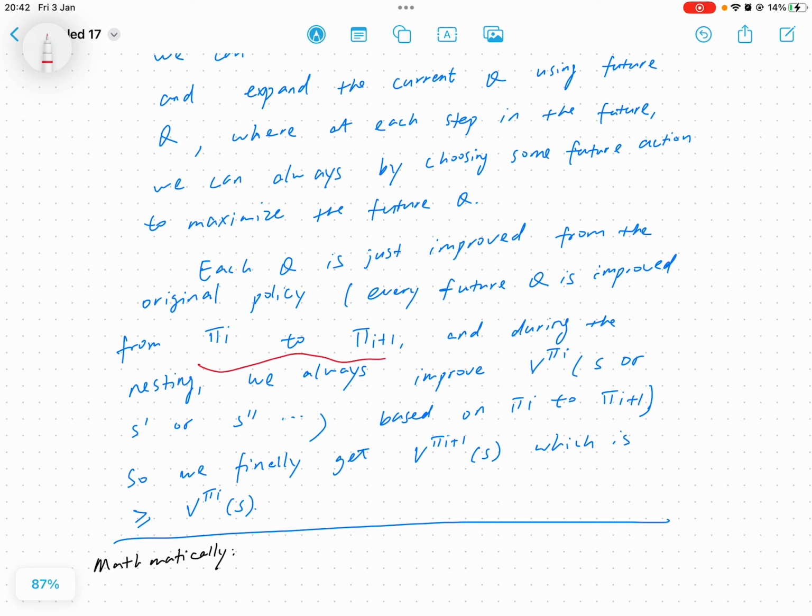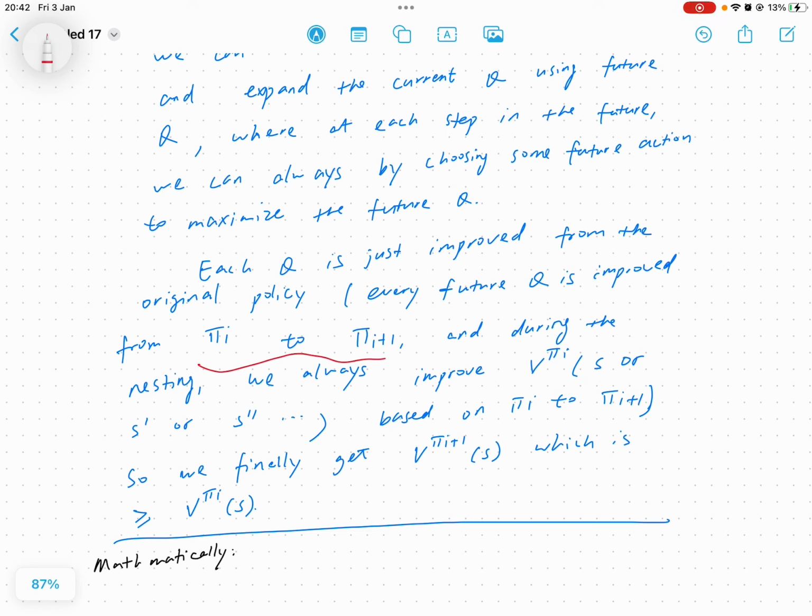We just improve once. No matter whether it is the next time step, the third, the fourth or the last time step, we always expand or nest the future Q value into the form of the sum of future rewards, but we still have the maximization by choosing some future actions to maximize the future Q, and that would be the Q with the same superscript of pi I.